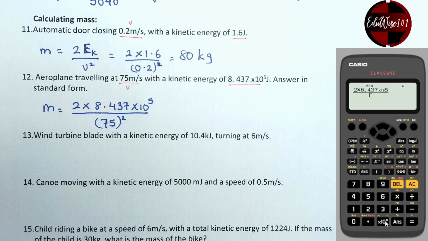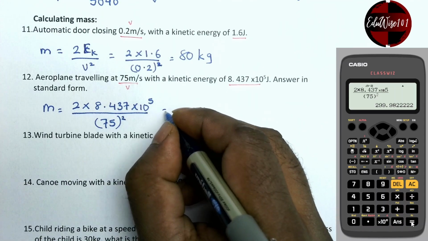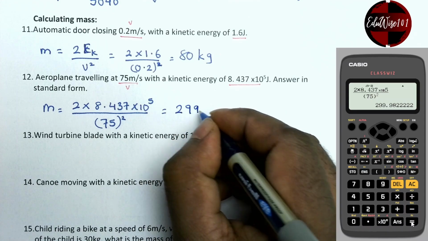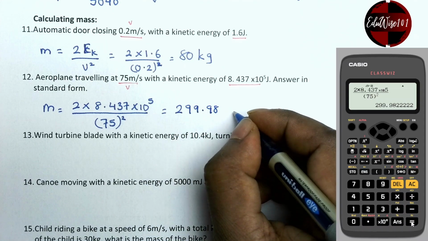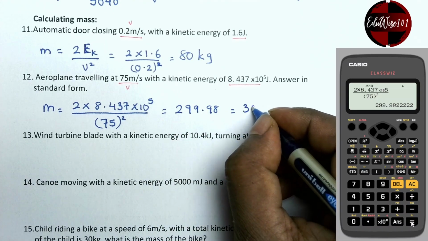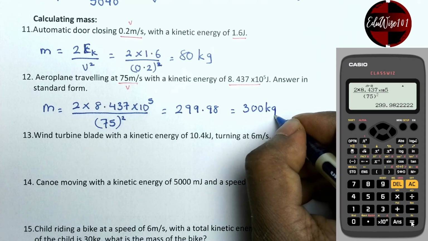Divide that by 75 squared. Yep, that looks correct. That gives me 299.98. Round it off to 300 kilogram.